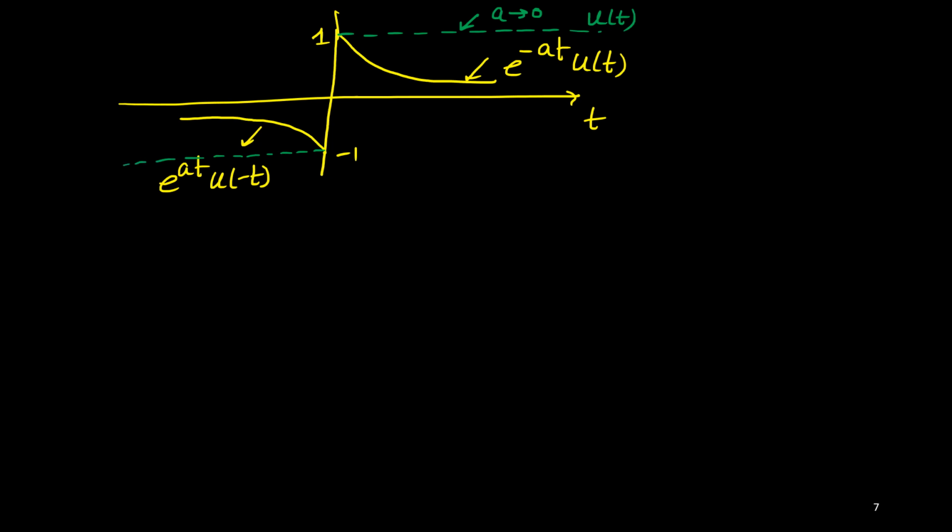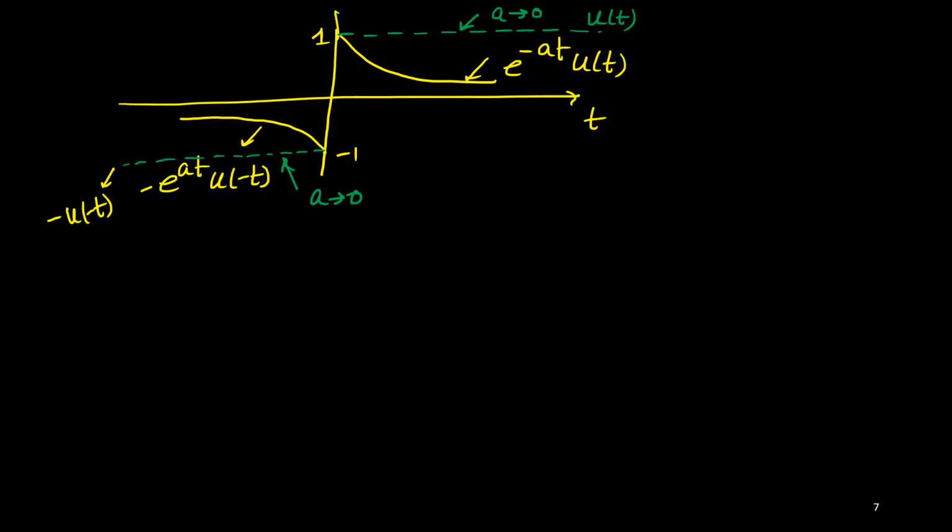So this is again the curve you will get with a approaching 0, and that is basically u of minus t, and with the minus sign, minus u of minus t.